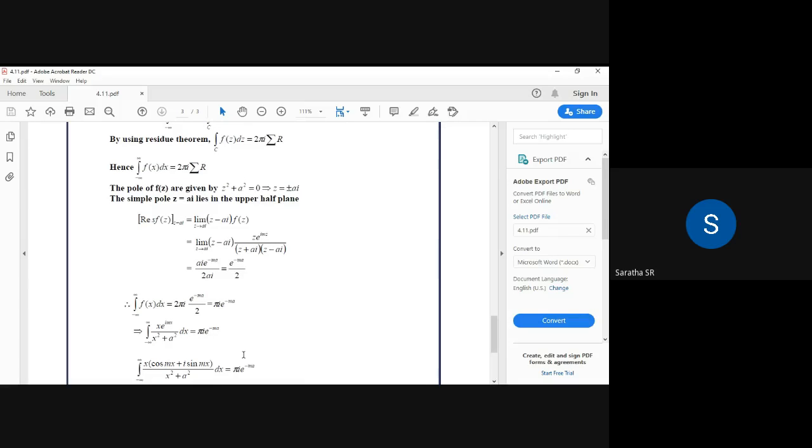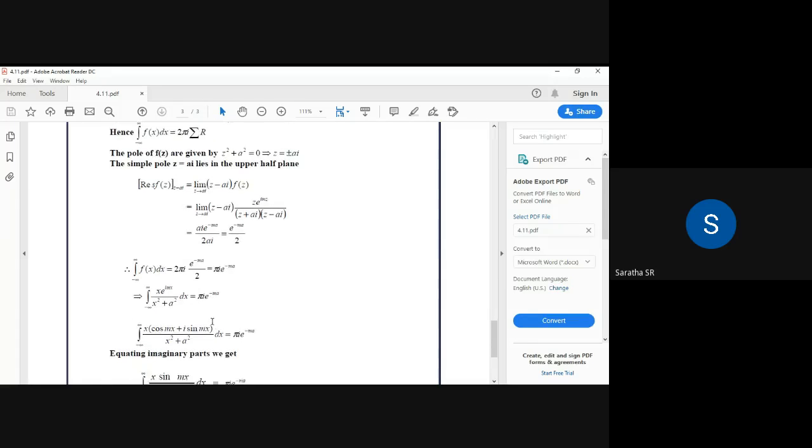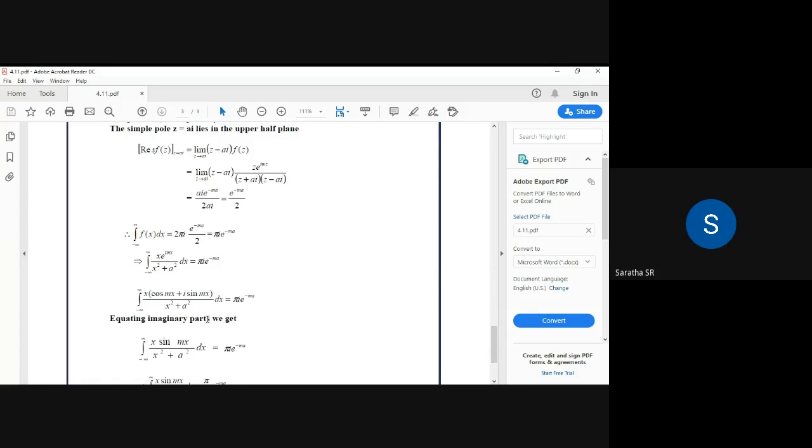So we know this value is equal to this answer. We take 2 pi I into the sum of the residues, and instead of the sum of the residues we replace the residue value. Then you will cancel, so we got pi I e power minus ma. We have to take the imaginary part, because already we assumed only sin mx is given in the problem.